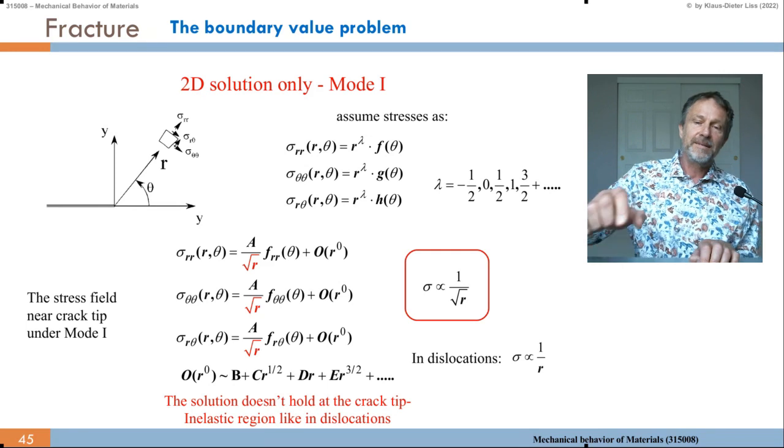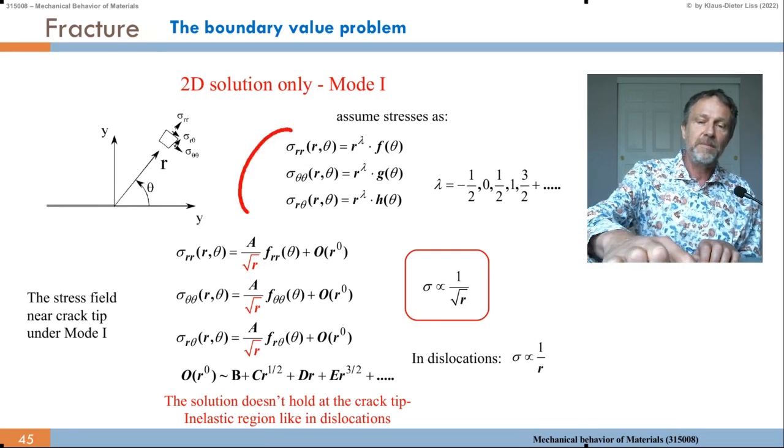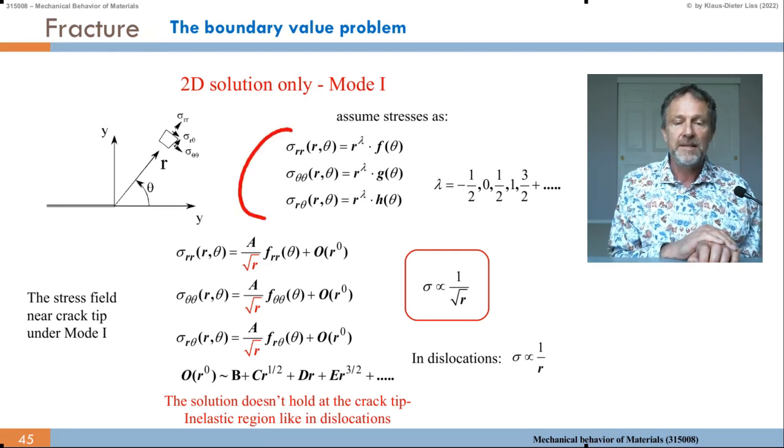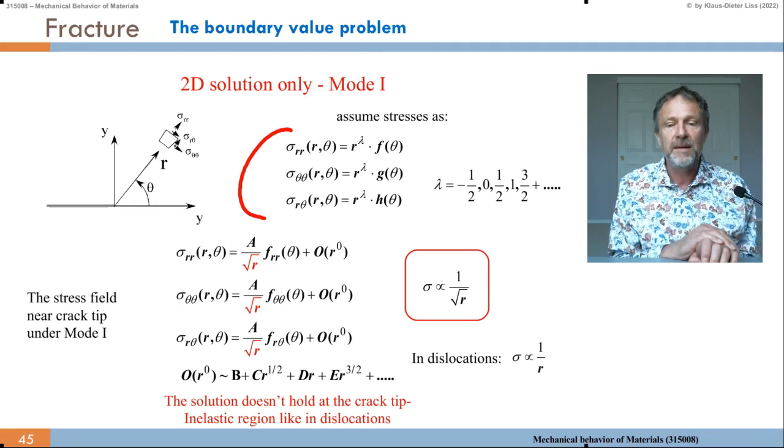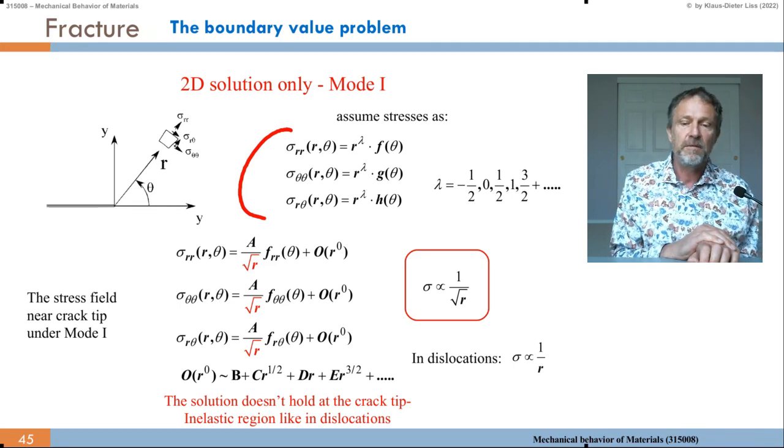Let's assume the stresses to be written in this form. Sigma r equals r to the lambda times a function of theta.